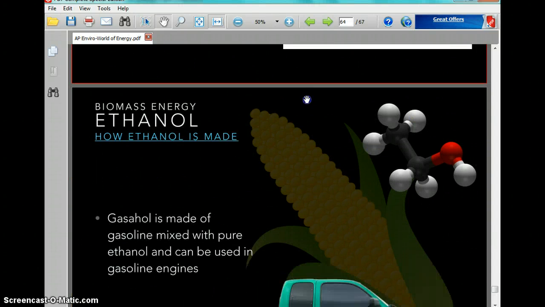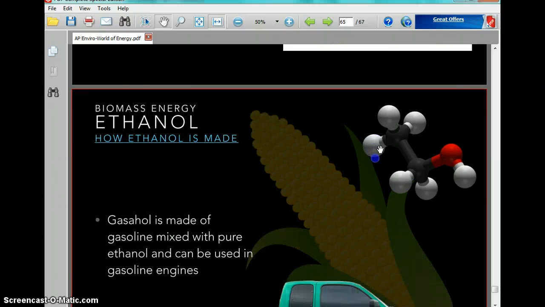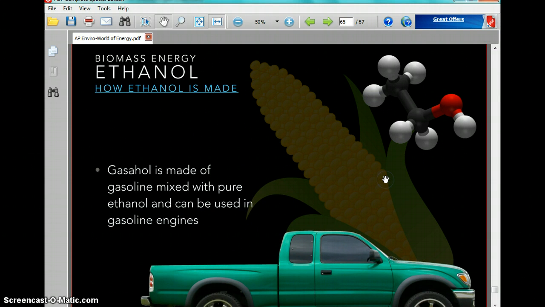Biogas, which is a really important word, is a mixture of 60% methane and 40% CO2. You have to know that: the 60-40, methane to CO2. That's what biogas is.